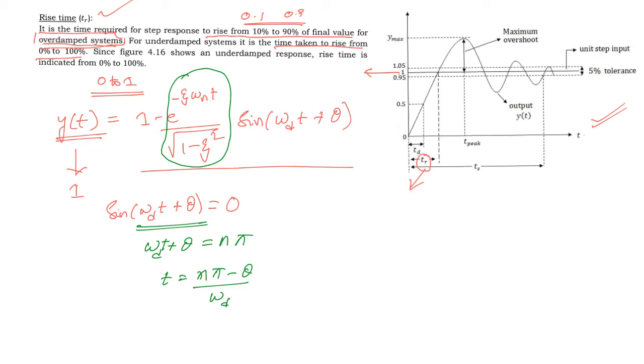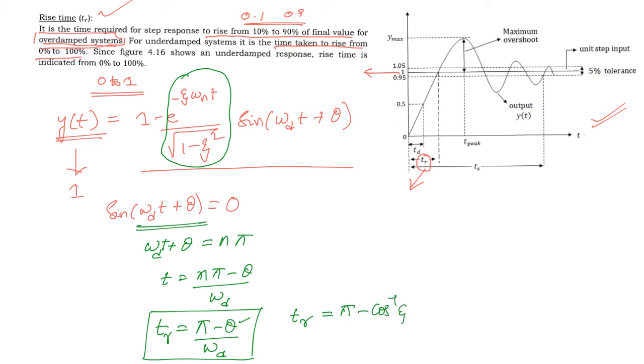We want a positive value, so that occurs when n is equal to 1. So pi minus theta by omega d is the rise time TR. Theta you can write as cos inverse zeta, so the rise time can also be written as pi minus cos inverse zeta by omega d.